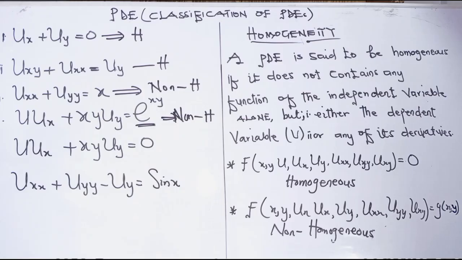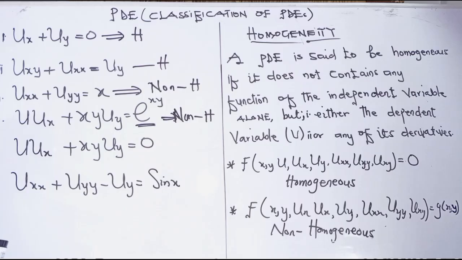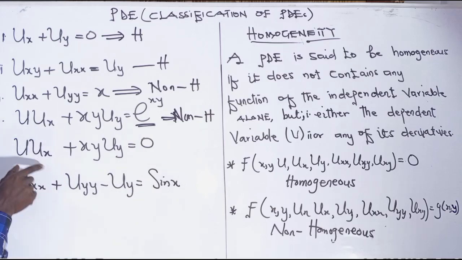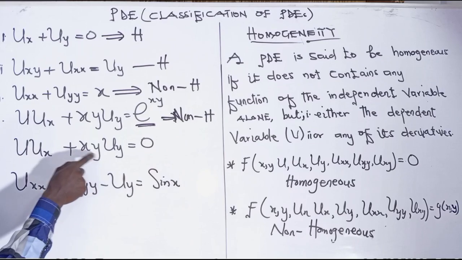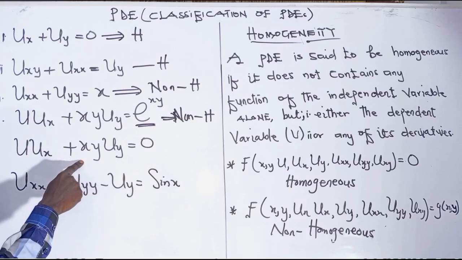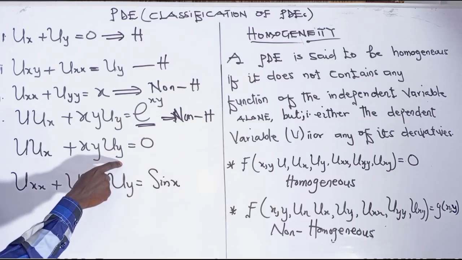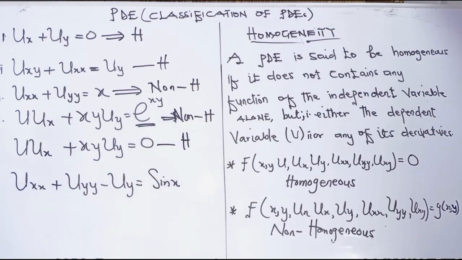Now let's look at this. You can pause the video and try your hand on this. Is this homogeneous or non-homogeneous? You can see that we don't have any function in terms of the independent variable standing alone. We have u ux, we have the independent variables x and y, but these two are not standing alone. They are attached to the partial derivative with respect to y, and therefore this becomes a homogeneous PDE.